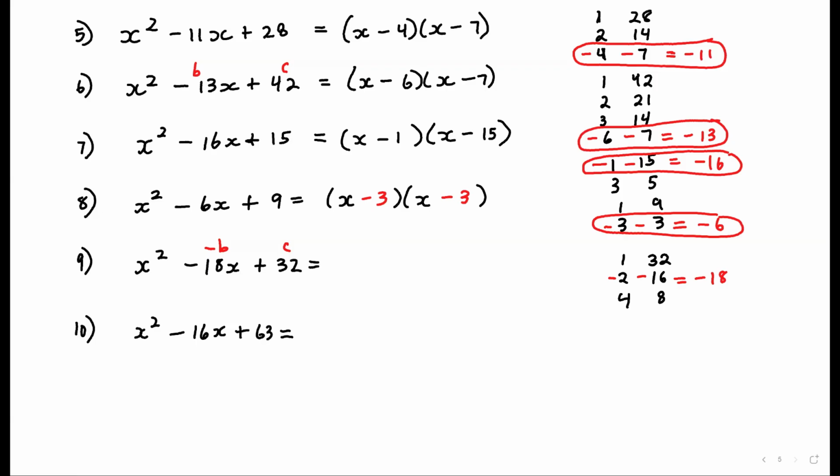Negative 2 take away 16 is negative 18, and negative 2 times negative 16 gives me positive 32. So in my brackets, I'll have x minus 2 by x minus 16. Is that okay? Yeah, I got that.